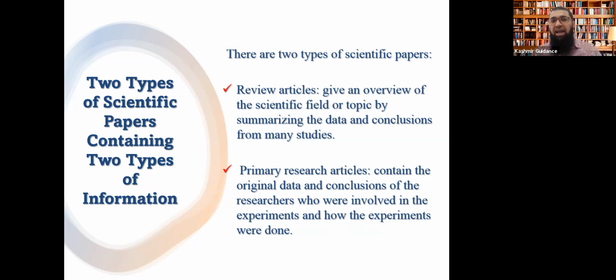This is what we call a review article. In a review article, it is not necessary to give your primary information or your own research inputs. You can use the data from other people. We call that secondary data.